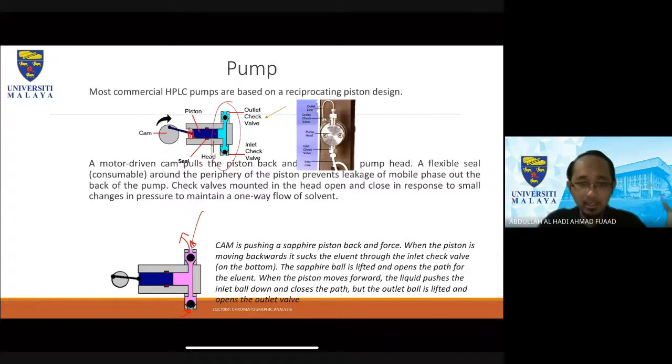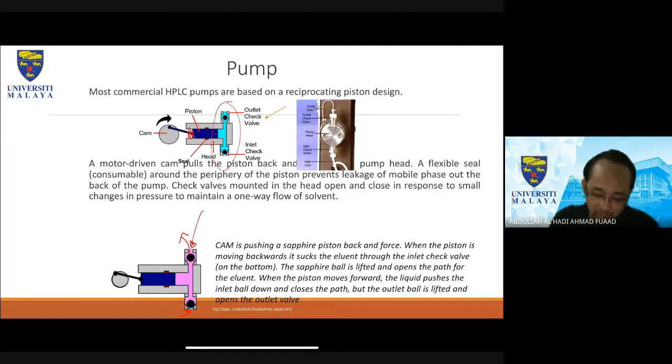When the piston moves to the back, the bottom ball opens the inlet check valve, so solvent flows into the pump. When the piston moves forward, compressing the liquid, the bottom check valve closes while the top check valve is open, so the solvent can flow out.